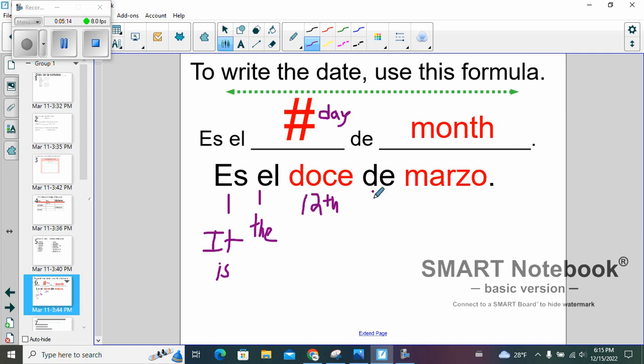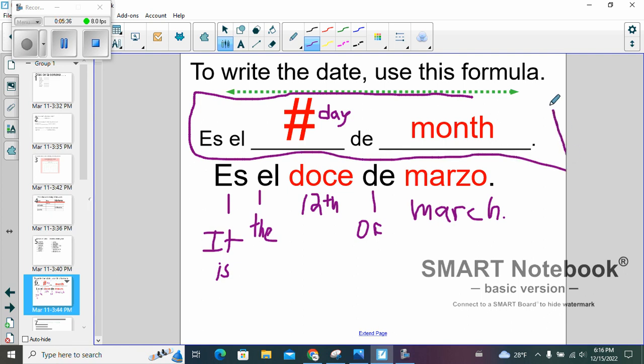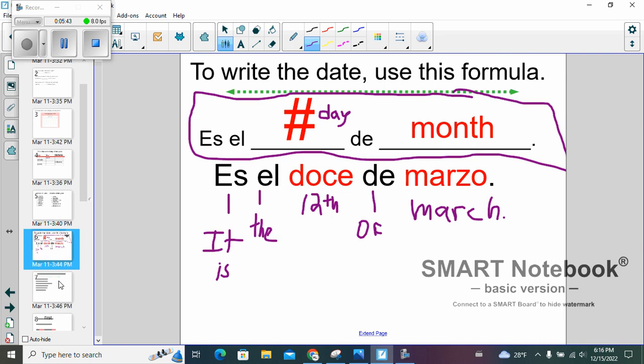And then we have of. And then we have March. And that's how you write a date sentence in Spanish. It is the number of the month. So that's what that looks like. So this is the key thing to remember: S, L, number, day, month, to create a statement that tells us the date.